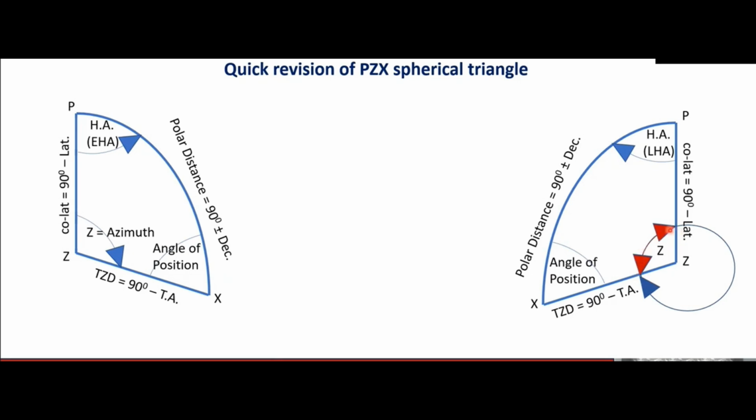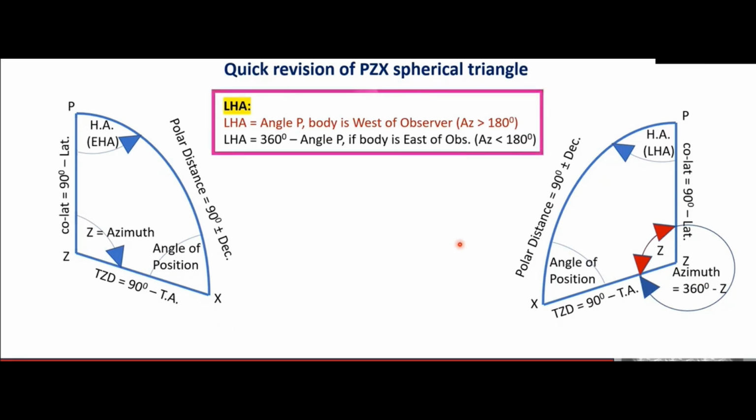So angle Z is equal to 360 minus azimuth, or else azimuth is equal to 360 minus angle Z. So the important things here are, we'll have to determine whether P is EHA or LHA, whether polar distance is 90 plus declination or 90 minus declination, and we'll have to establish the relationship between angle Z and azimuth.